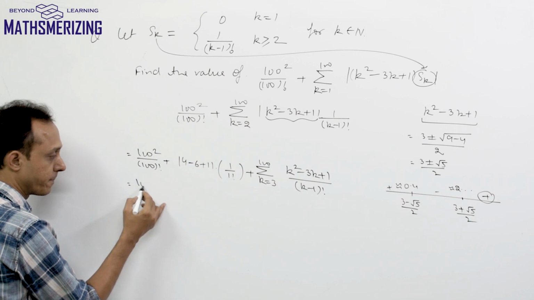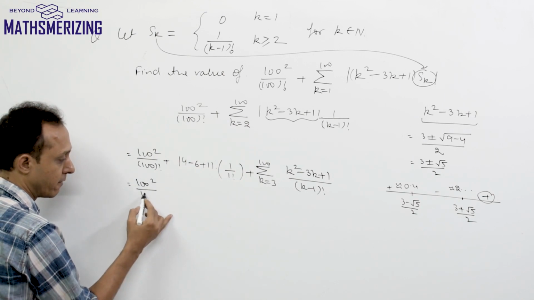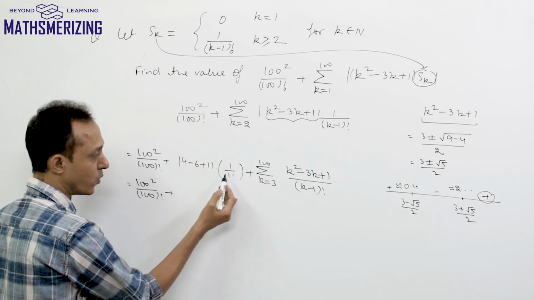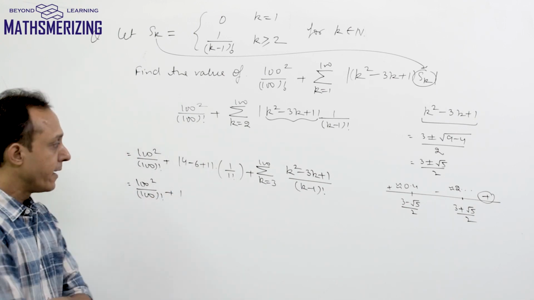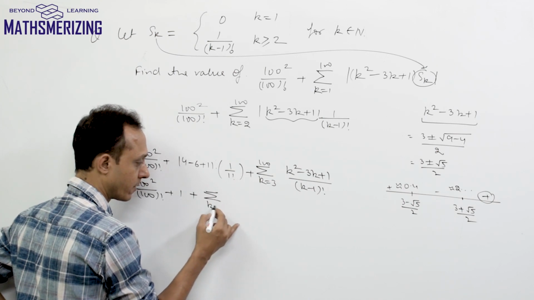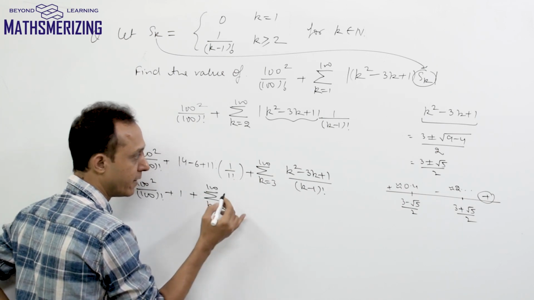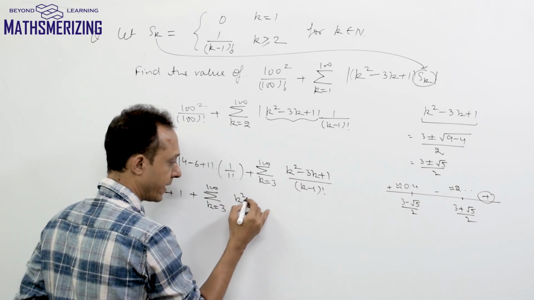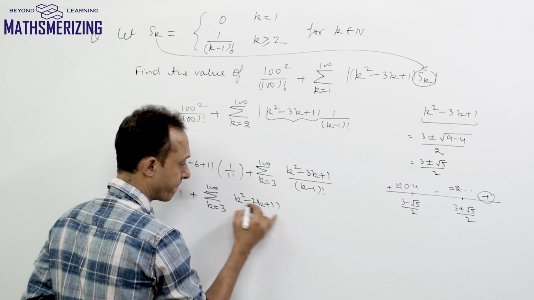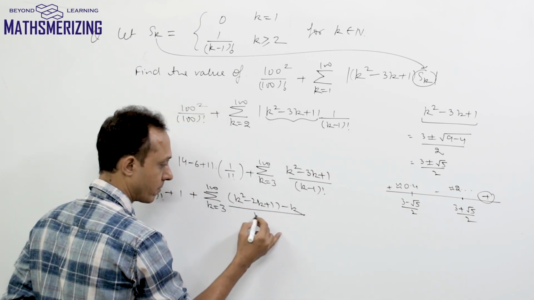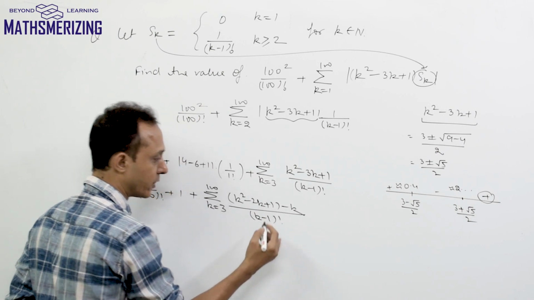So this is 100 square upon factorial 100 plus, now 5 minus 6 is minus 1, and 1 upon factorial 1 is simply 1, and then plus the summation k equals 3 to 100. Now what I'll do is express it as k square minus 2k plus 1 minus k, upon k minus 1 factorial.